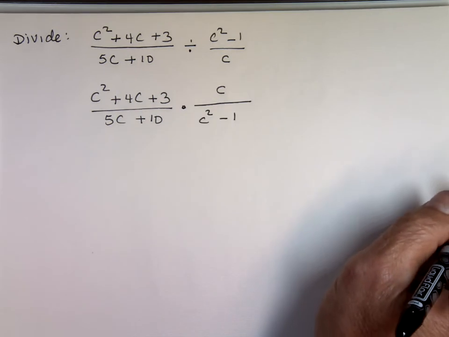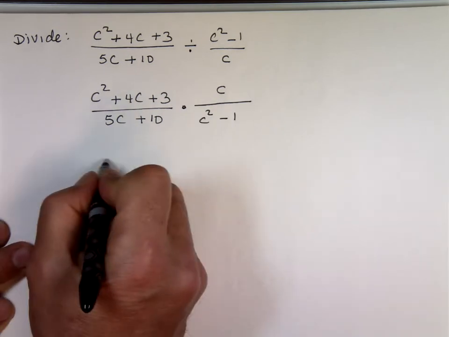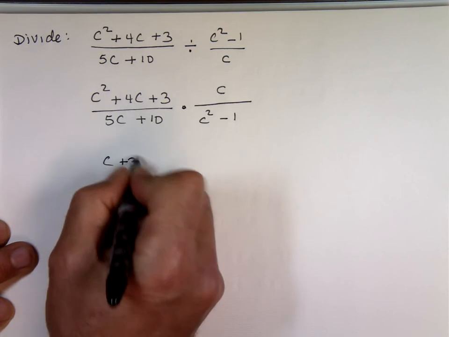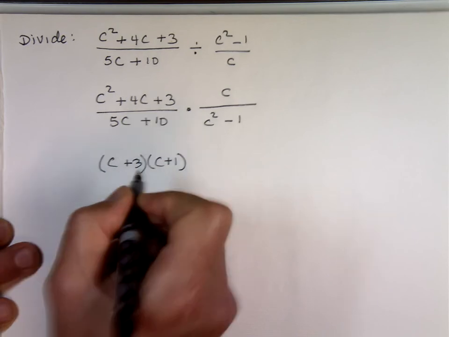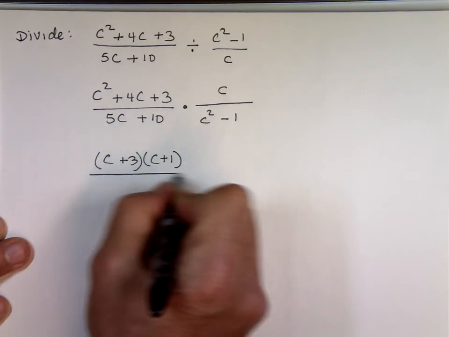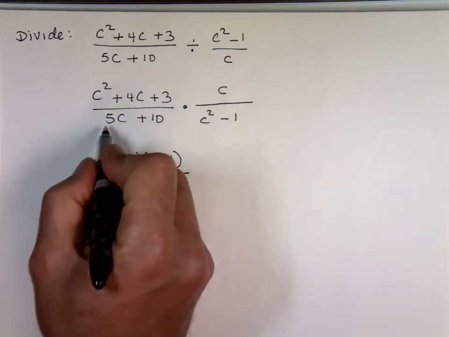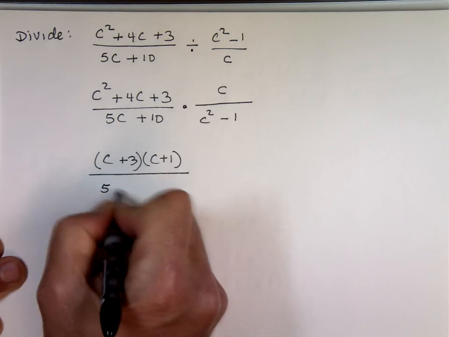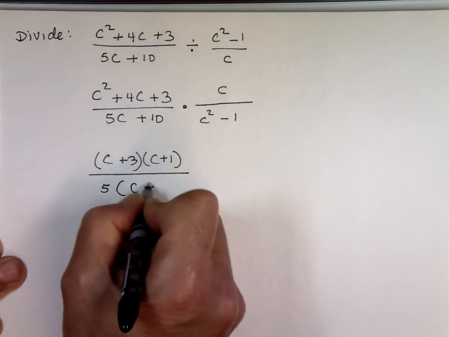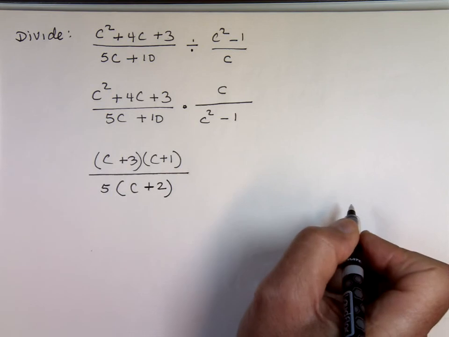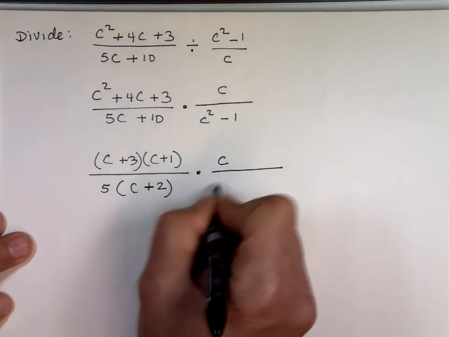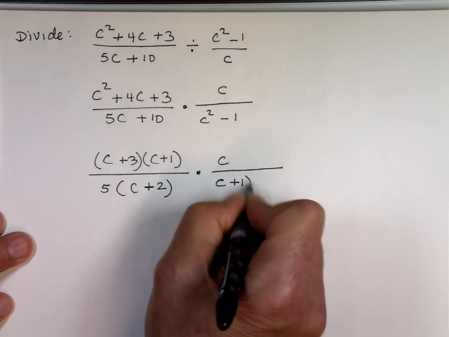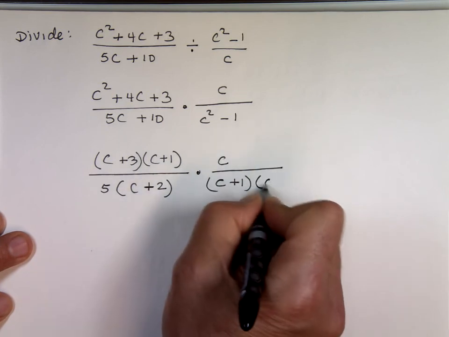Let me factor that. That's c plus 3, c plus 1. This I can take a 5 out. C plus 2. There's the c. C plus 1. C minus 1. Remember, the 1 is really 1 squared.